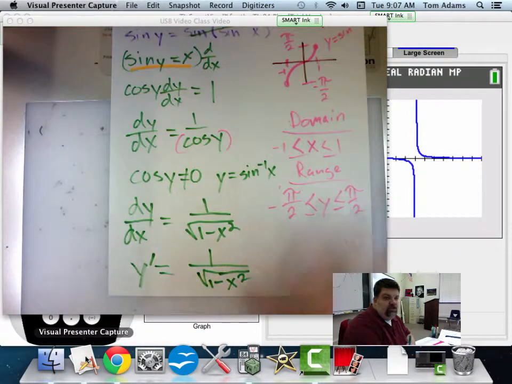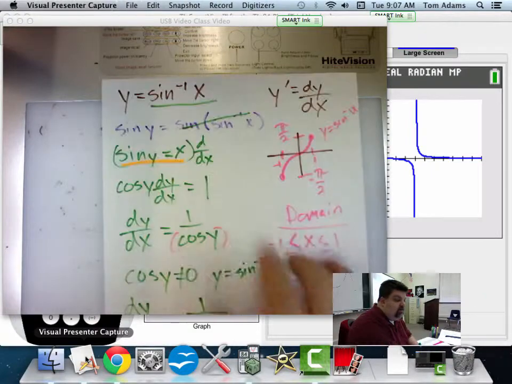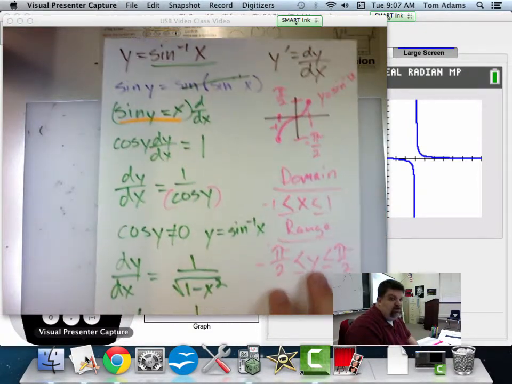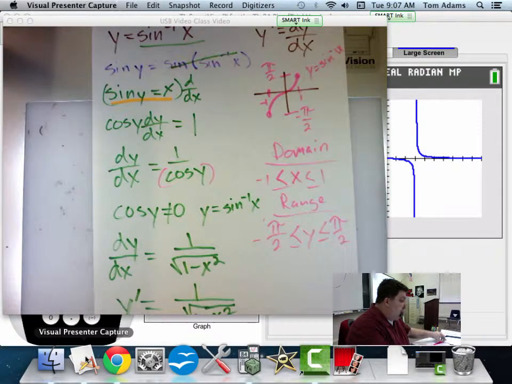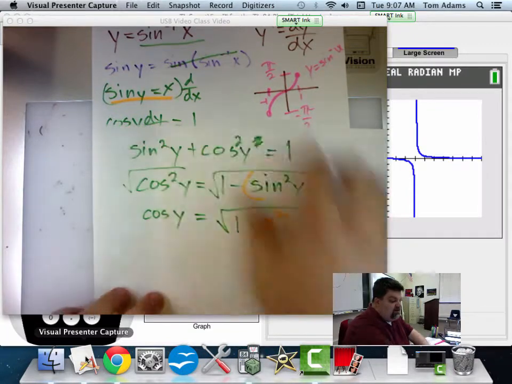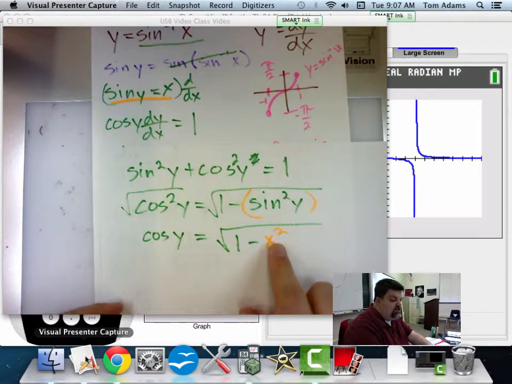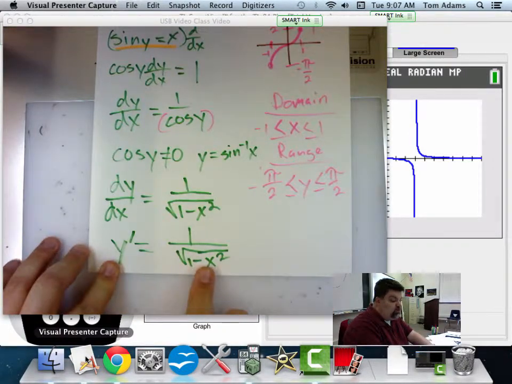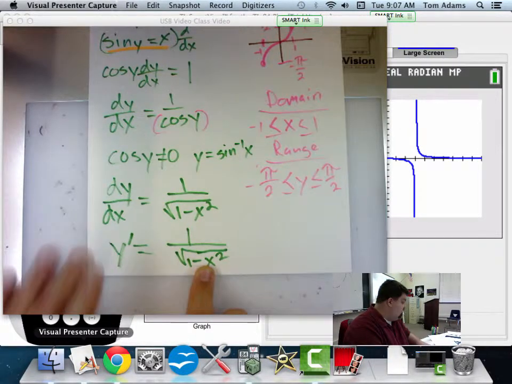So if I have y equals the arcsine of x, I do some algebraic manipulation, take the derivative, then do some more substitution, apply the Pythagorean theorem, solve for cosine of y, substitute in x squared for sine of y squared, and I get y prime is 1 over the square root of 1 minus x squared.